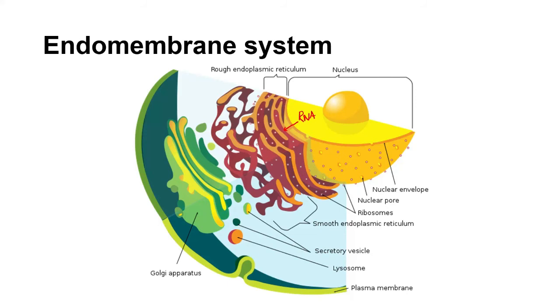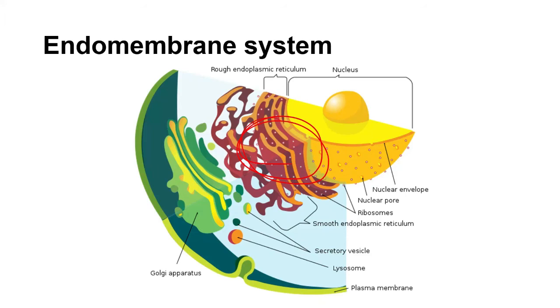And it is called rough endoplasmic reticulum because it has all these ribosomes that give it sort of a roughened appearance under the microscope. And so that's where the proteins are produced. But instead of floating off free into the cytoplasm, they stay within the rough endoplasmic reticulum.